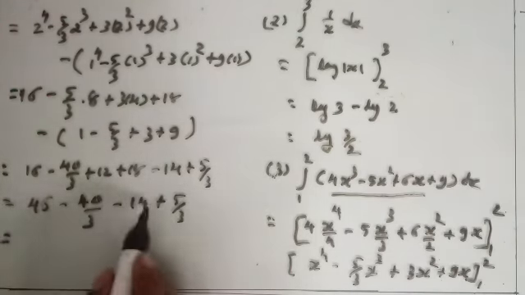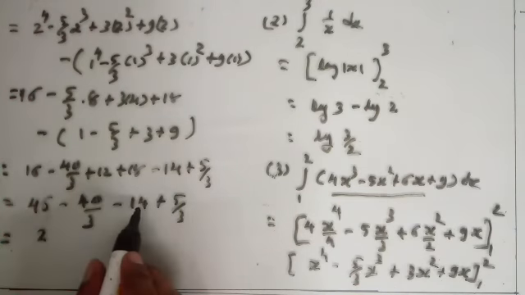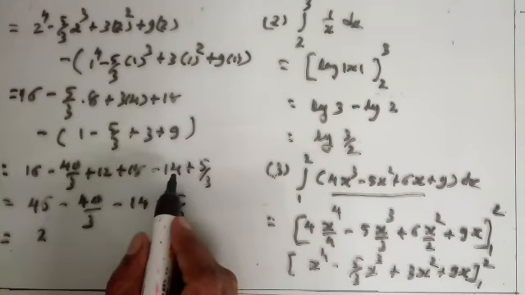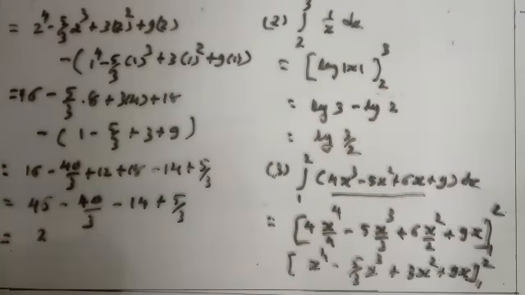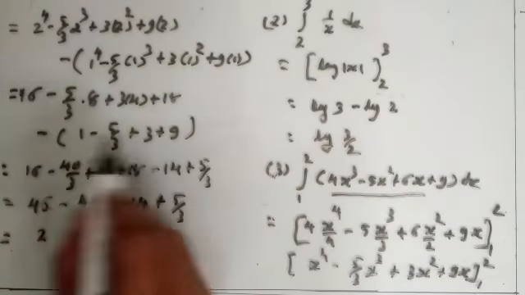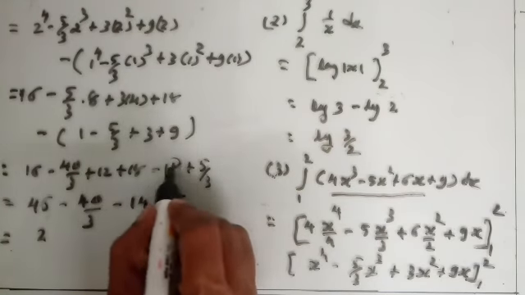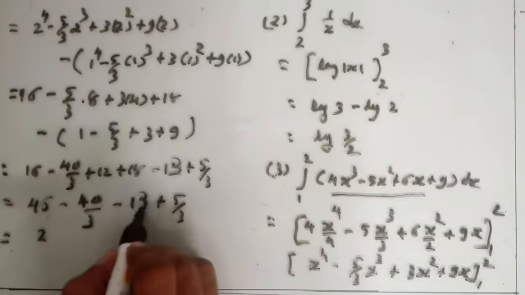So here the subtraction of these two is equal to 2. Here 9 plus 1 is 10, plus 3 is 13. So remember this, this is a 13.